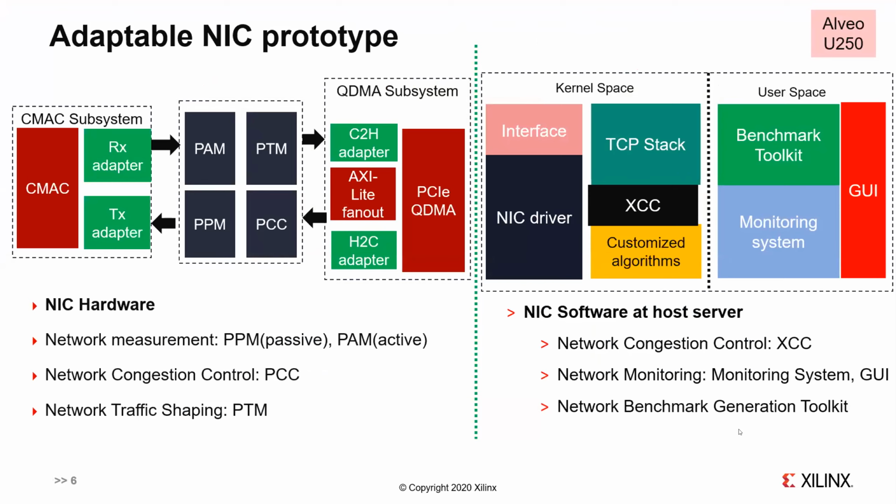On the hardware side, on the leftmost, we have a dashed line box, which is the CMAC subsystem to handle the MAC-related functions, followed by the 4 engines I mentioned in the hardware to do the congestion control and management and the enforcement. And the third dashed line box after is the QDMA subsystem, which handles the PCIe QDMA functions, which is also the interface between hardware and the software, right?